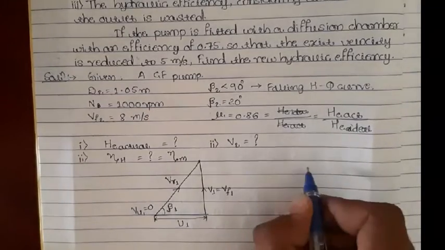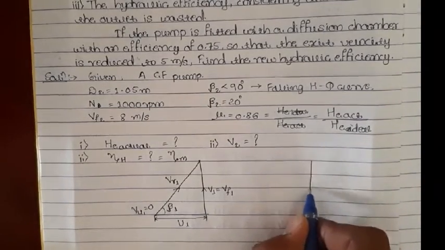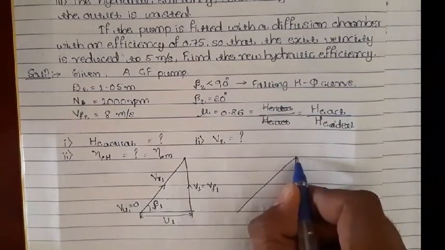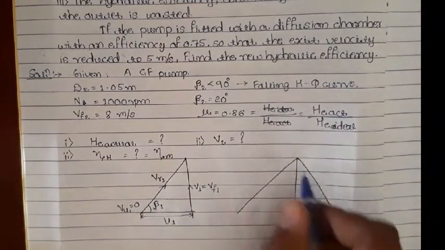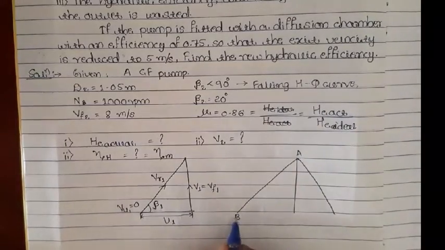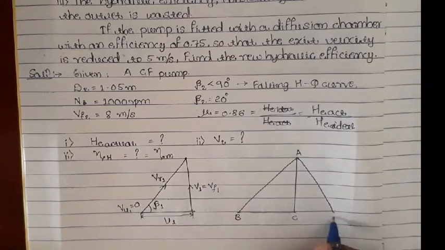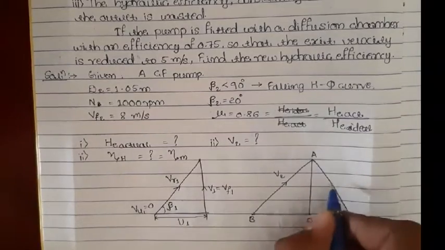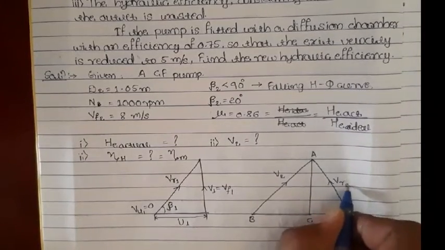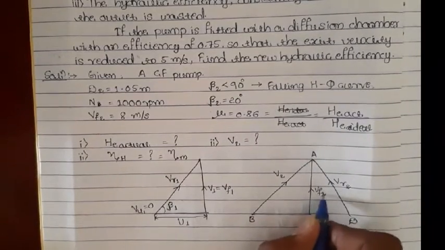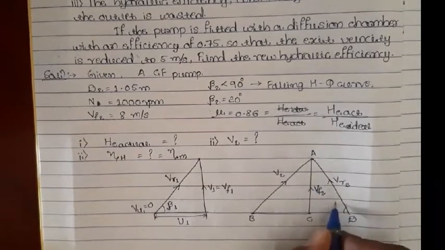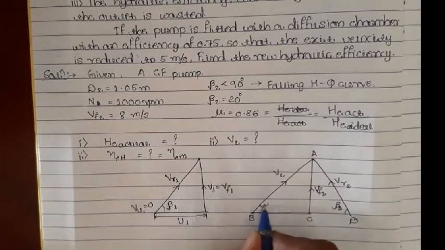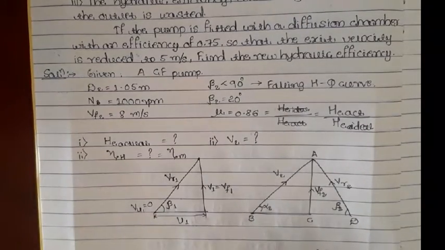Now coming to the outlet velocity triangle, which is of a lot of importance in this problem. I will name the points A, B, C and D. This is V2, this is Vr2, this is Vf2, this is beta 2 and this is alpha 2, isn't it?